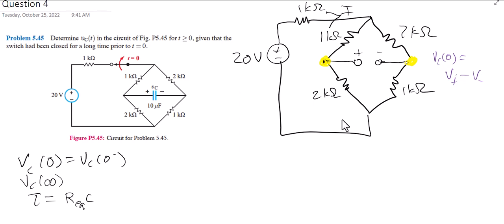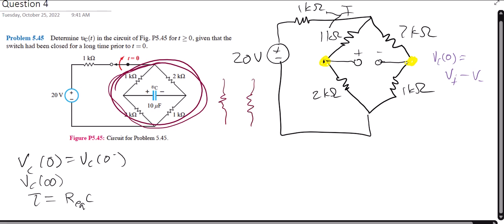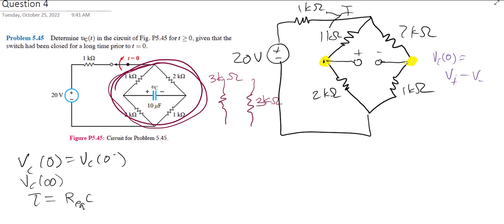And so to do that, I want to find the equivalent resistance of this part right here. Notice that without the capacitor there, because it's been a long time, so that's an open circuit, this is the same as two 3 kilo ohm resistors in parallel.